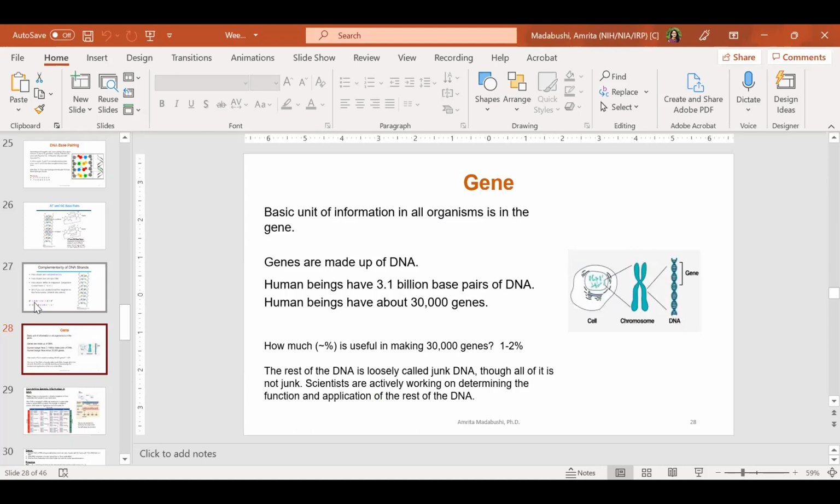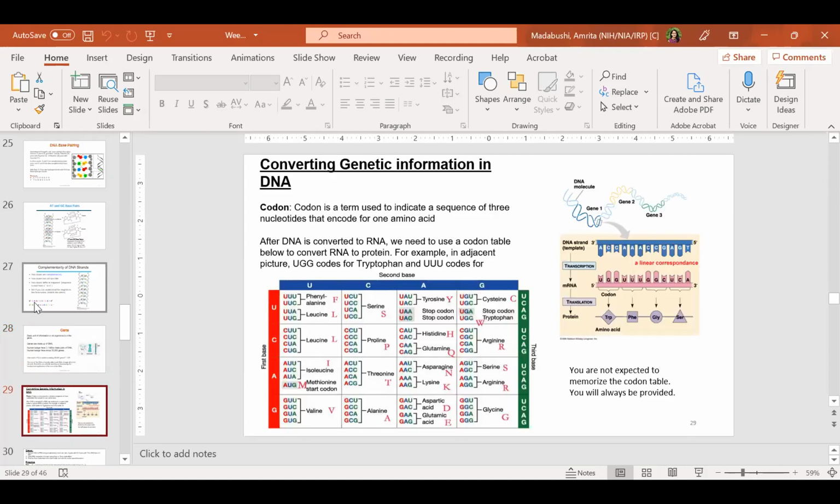Then we will start talking about how to convert that information. We talked a little bit about transcription. We will also talk about how translation happens. These are very, very important. Remember, you are stepping into the allied health field at a time when a lot of it is becoming personalized medicine. Personalized medicine means that patient care is becoming more and more catered to individuals, such as even the individual genome.